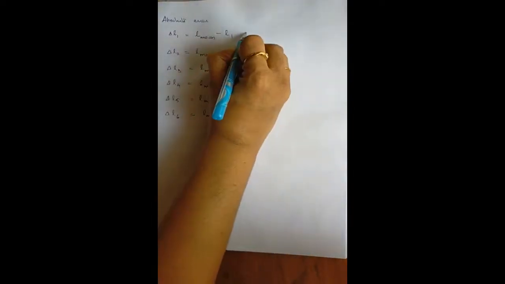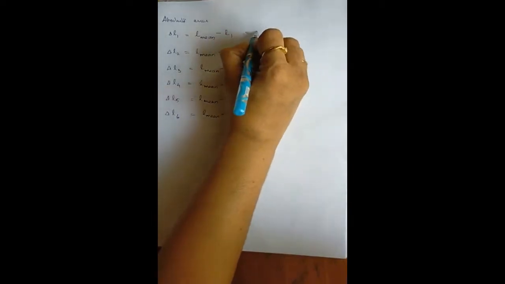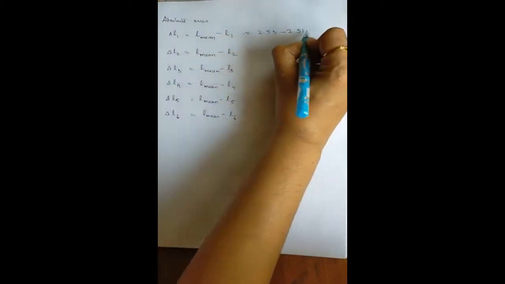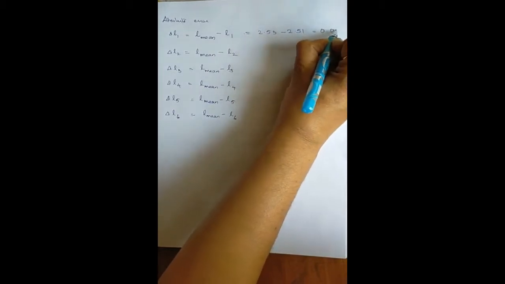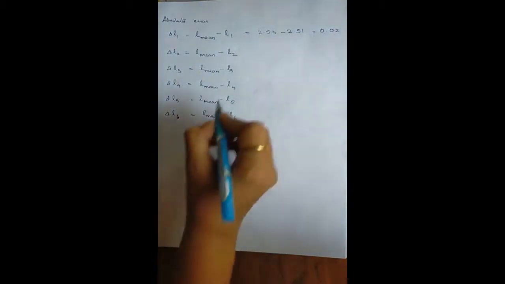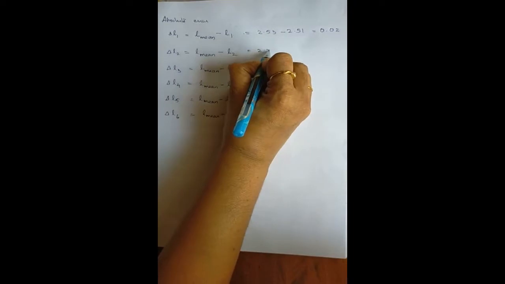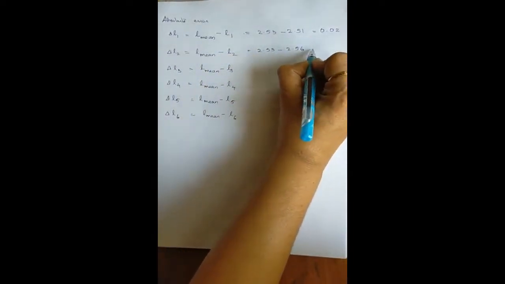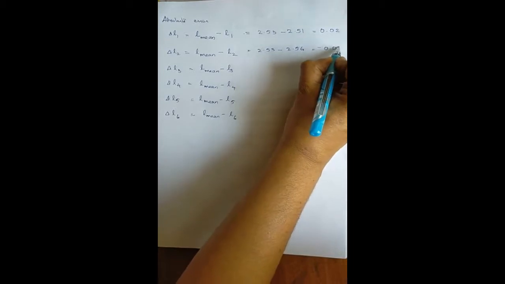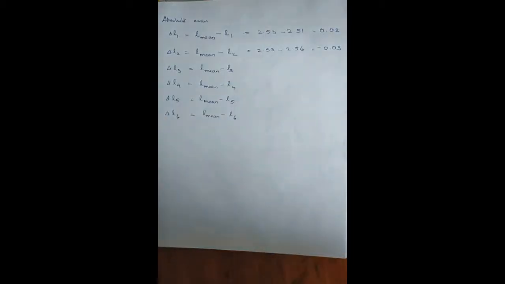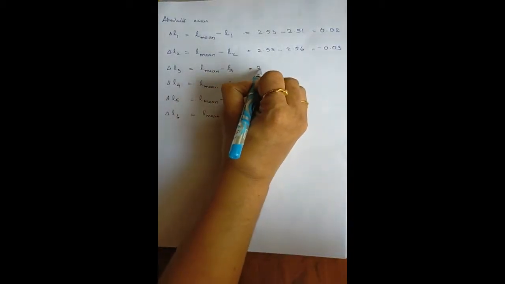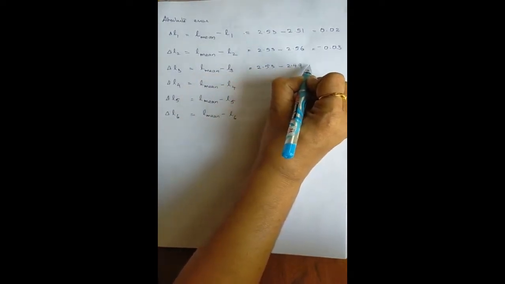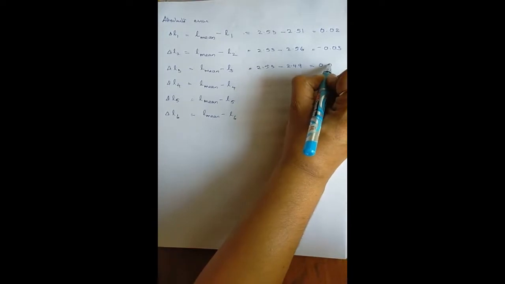Now we can write this. 2.53 minus 2.51, that is equal to 0.02. Here 2.53 minus 2.56, that is equal to minus 0.03. Here 2.53 minus 2.49, that is equal to 0.04.